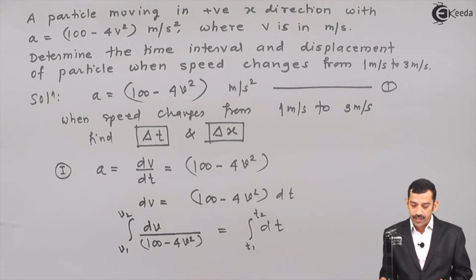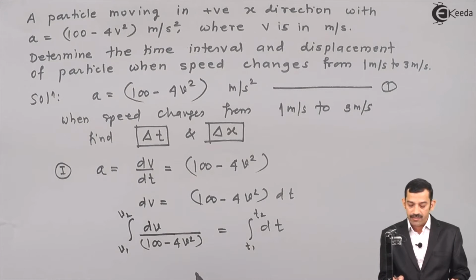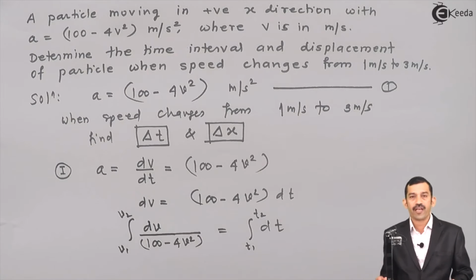Now this one is in which form? This is of the form integral of dx upon a square minus x square.